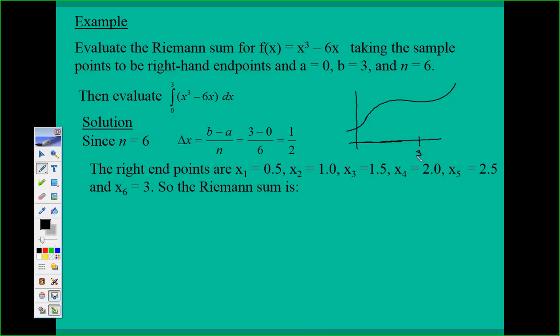We're breaking this up into 6 rectangles: 1, 2, 3, 4, 5, 6.